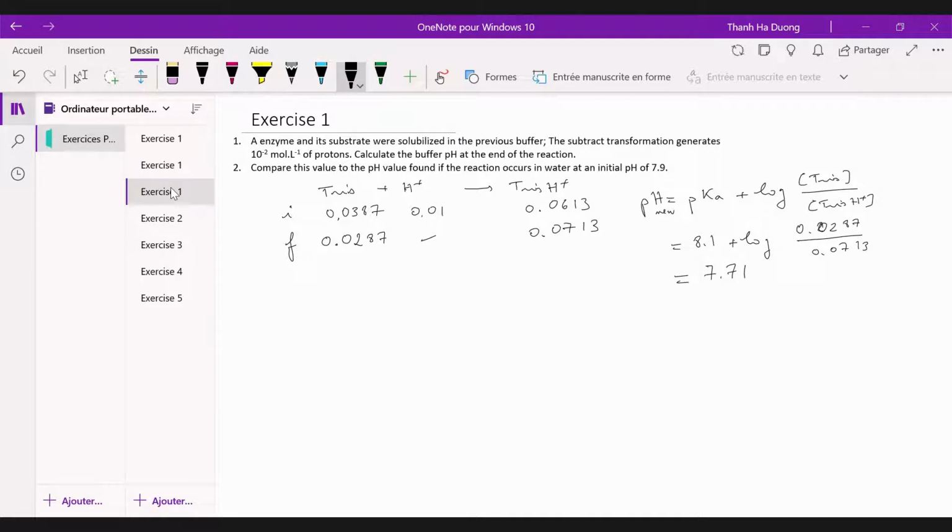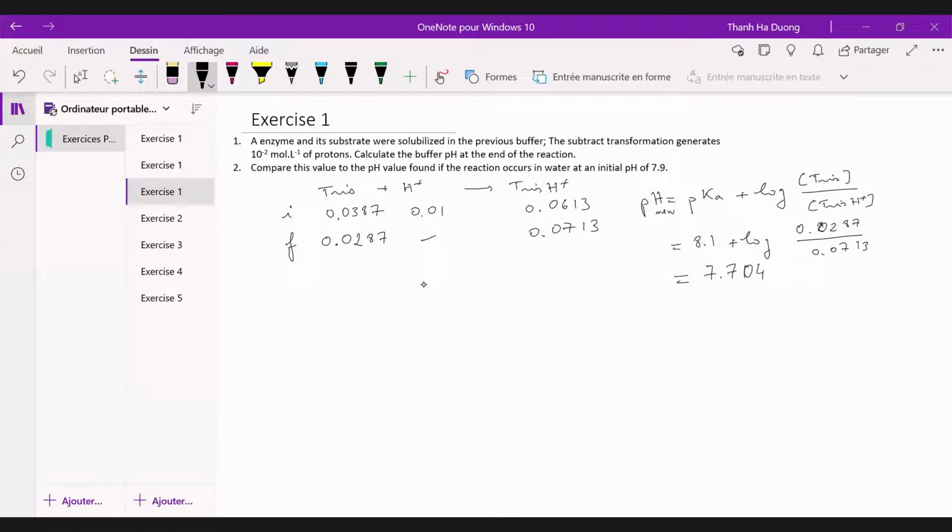Okay, 7.704, so 04. So you see that when you have an enzymatic reaction, the pH remains quite the same value. We start at 7.9 and at the end of the reaction it's 7.7.